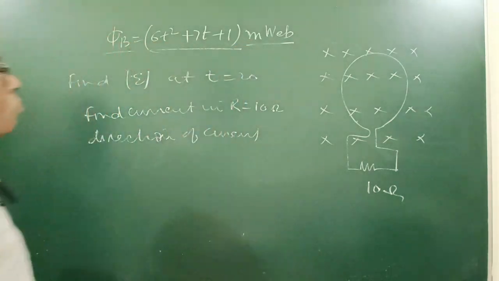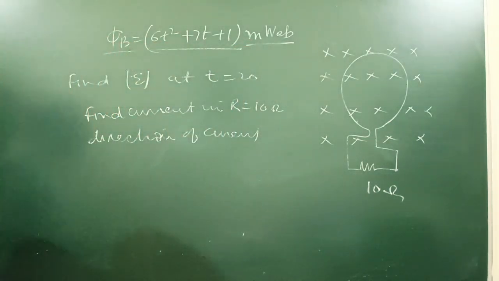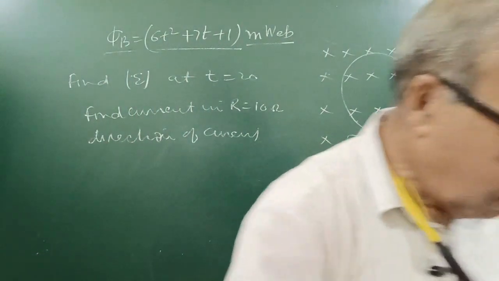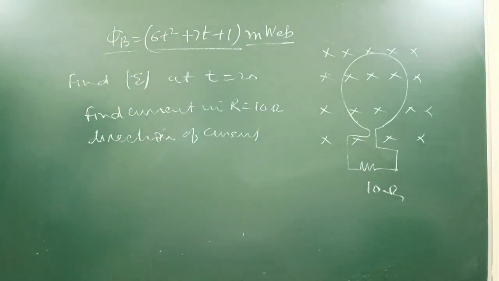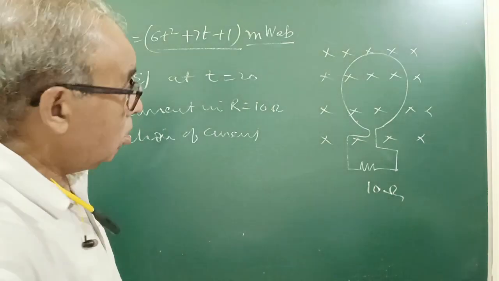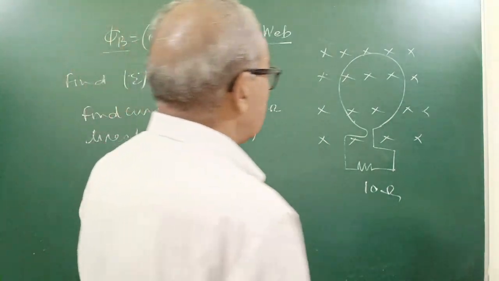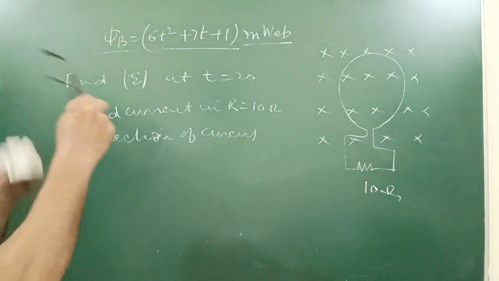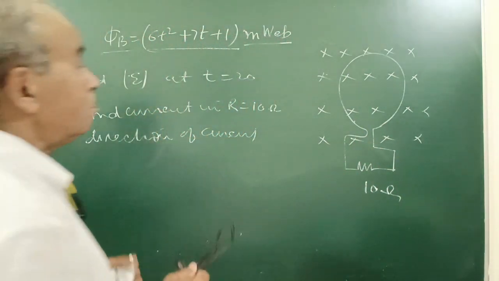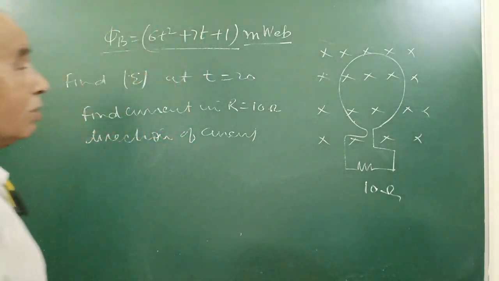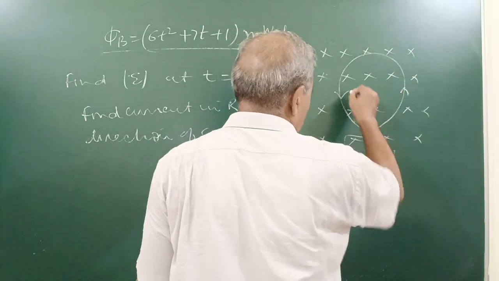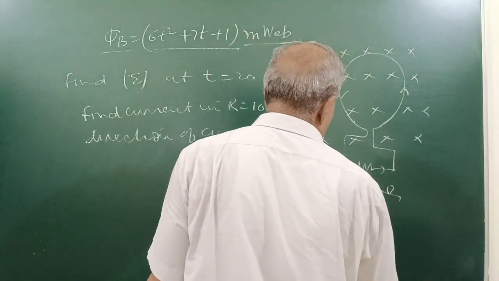What is the equation telling you? Flux is increasing with time. So the induced current will oppose the increase of flux, and this field is into the plane, so the induced current will be such that it produces a magnetic field outward. So the current flows from left to right.